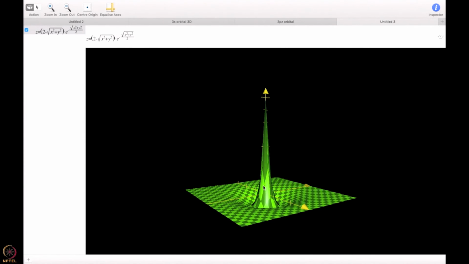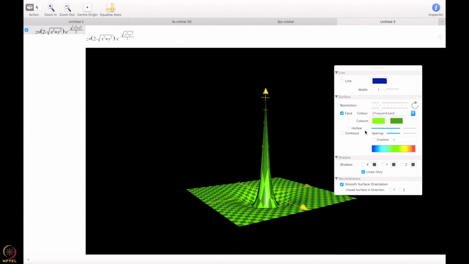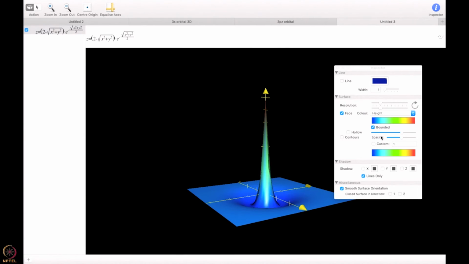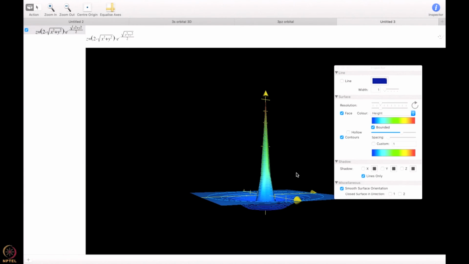This is your 2s orbital in 3D. I think you can already see the depression, but as usual we are going to color it according to height and we are also going to get the contours. Yeah, now we got the picture that should be easy to understand.